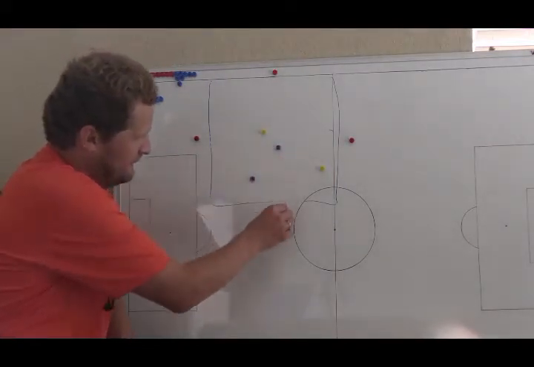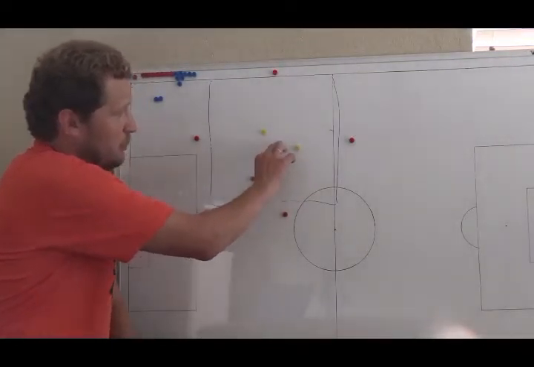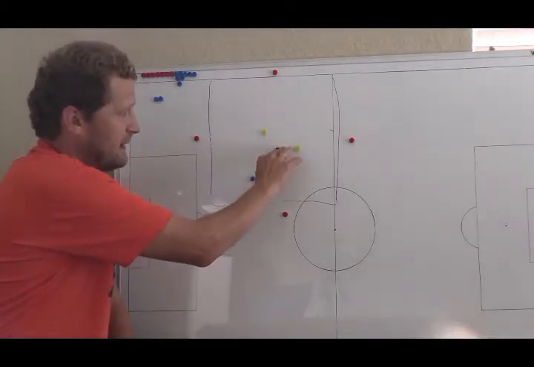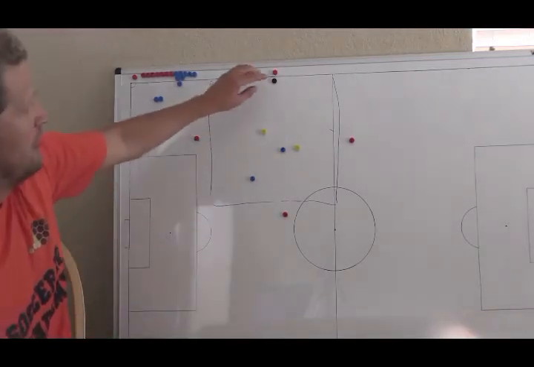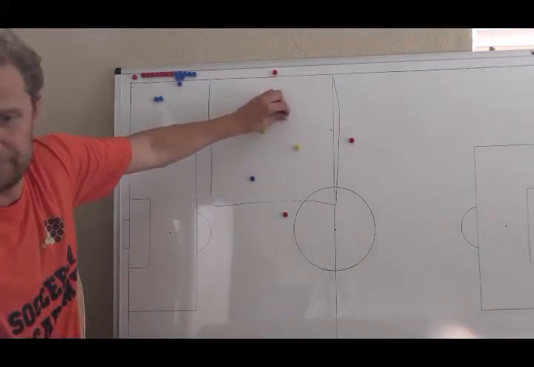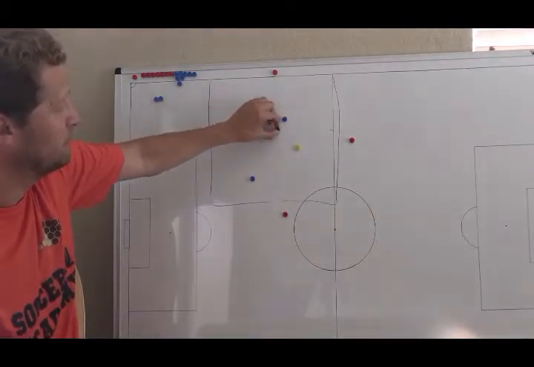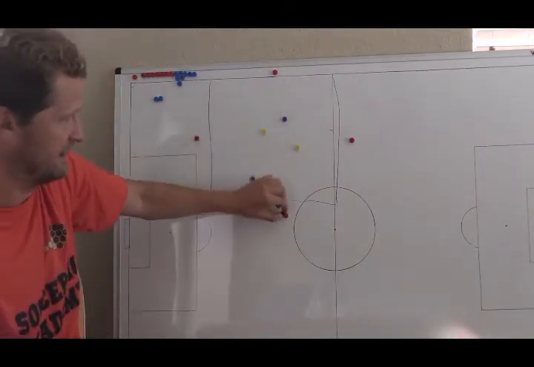So again, if this number 2 receives the ball from blue, we don't want to receive it this way. We want to receive halfway turn, so number 2 can play through. So the point is awarded when the ball from one side came to the opposite side, not to an adjacent side, but to the opposite side.